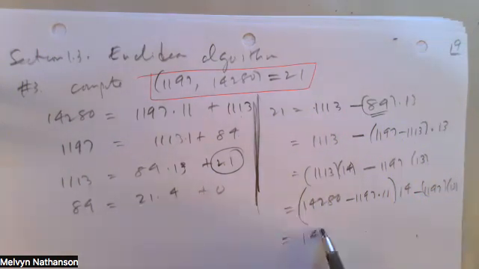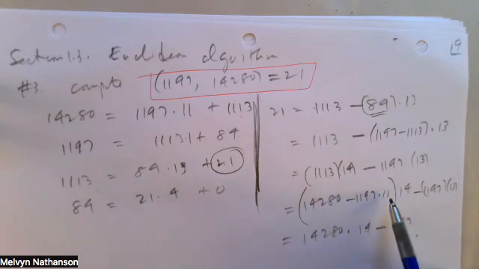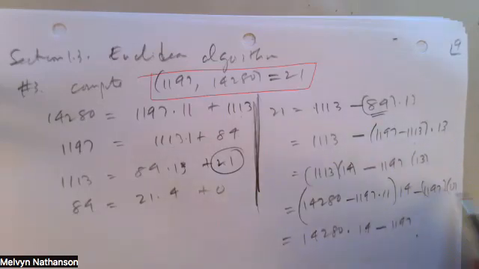So this is 14,280 times 14. And here I have 1197 times 14 times 11 and 13. Where did you get 14?